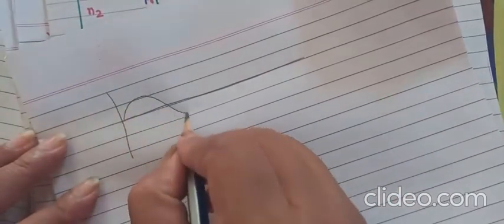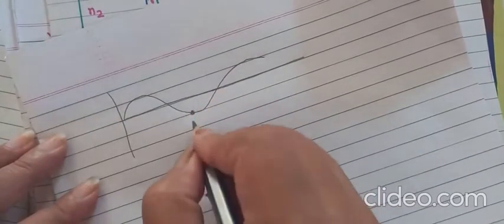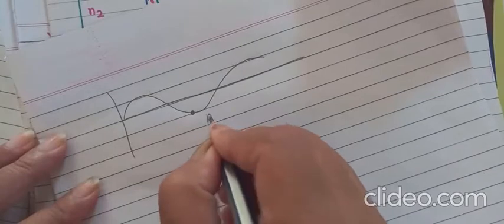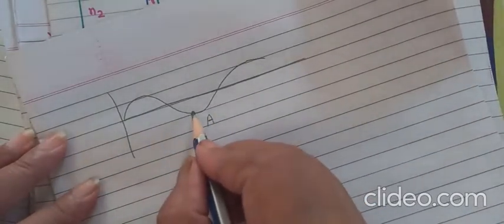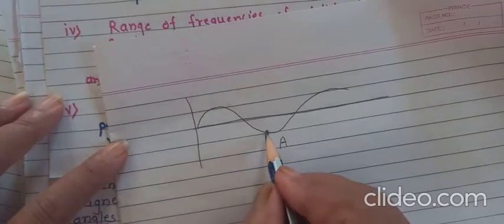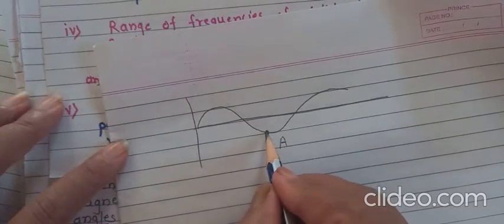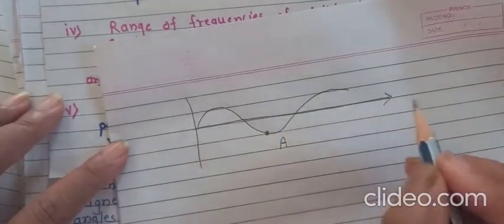Consider a wave traveling through a medium, and suppose the position of a point is A. Then point A represents the phase of a point, which shows the state of vibration or oscillation along the direction of the wave.